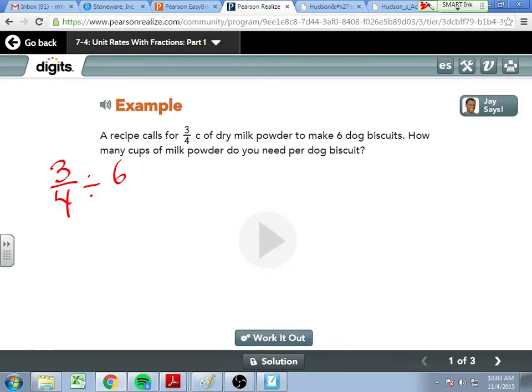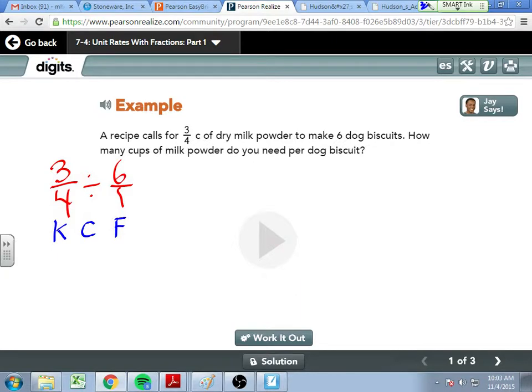Oh, okay. I have it. So make the 6 over 1, make it a fraction. So that's the keep, and then the change is make the division. No, remember, it happens in order.